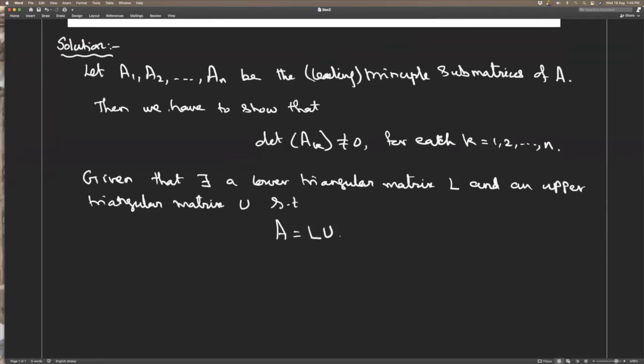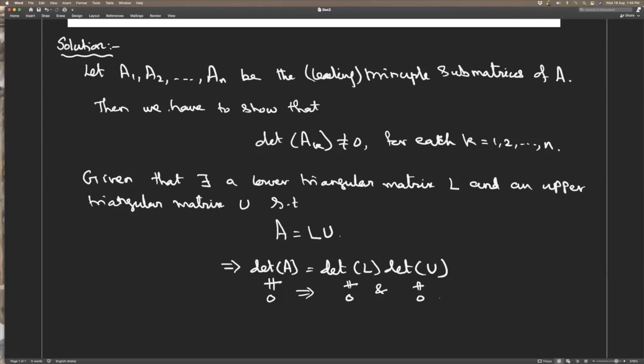So that implies that determinant of A is determinant of L into determinant of U, and determinant of A is not equal to 0 implies determinant of L is not equal to 0 and determinant of U is not equal to 0, right?